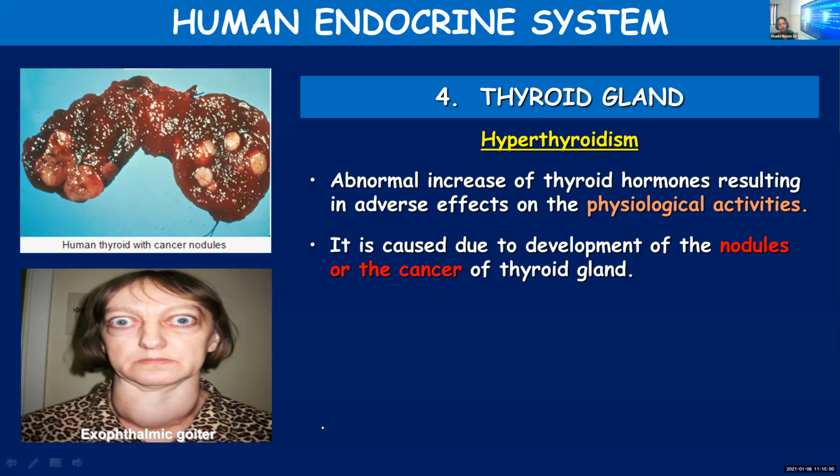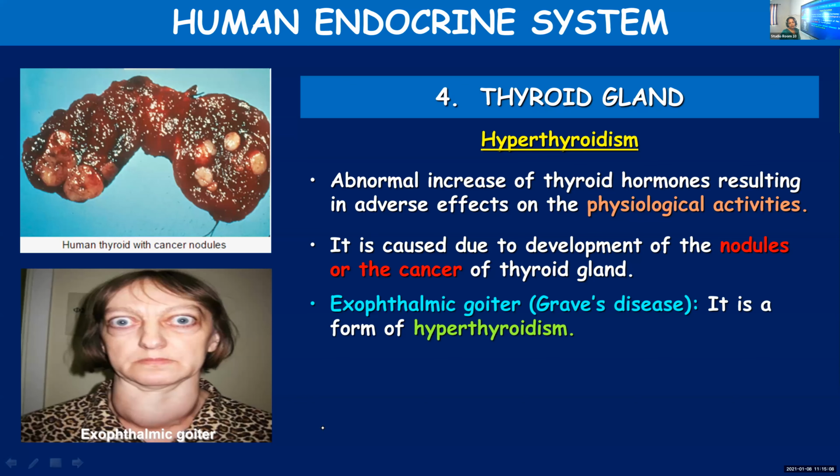Another condition is known as exophthalmic goiter. That is also due to hyperthyroidism. Whenever the levels of thyroid hormone increase beyond the normal, it need not be cancer, it can be due to other situations also. One such case is exophthalmic goiter or Graves' disease.